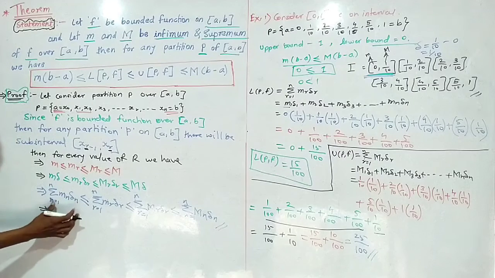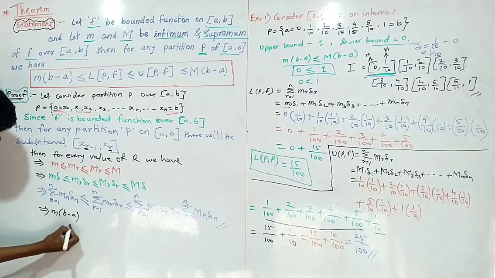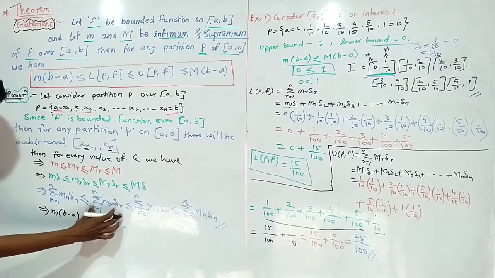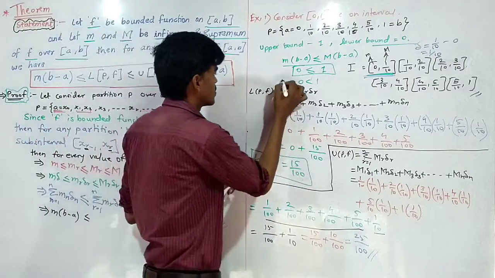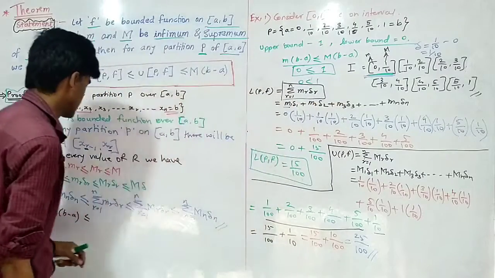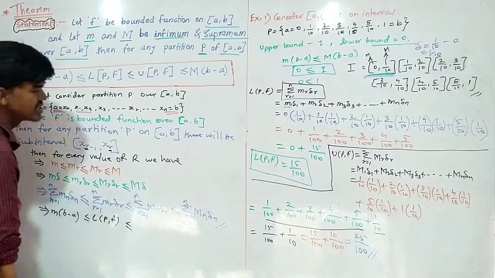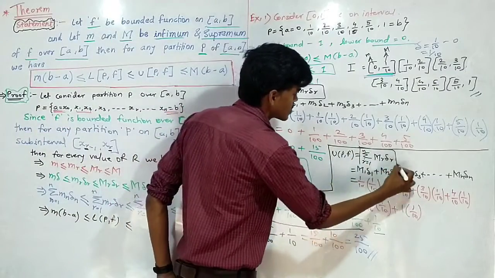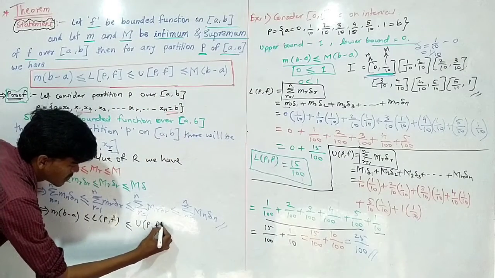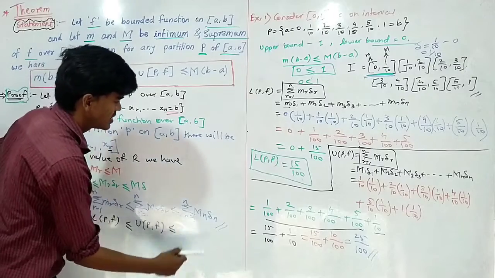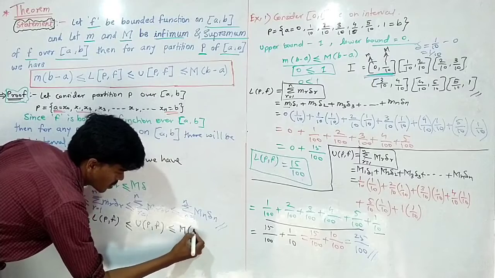So this is our lower bound, that is m(b minus a), which is less than or equal to, this thing is nothing but the lower sum L(P, f), and this thing is nothing but the upper sum U(P, f), which is less than or equal to this thing, our upper bound.